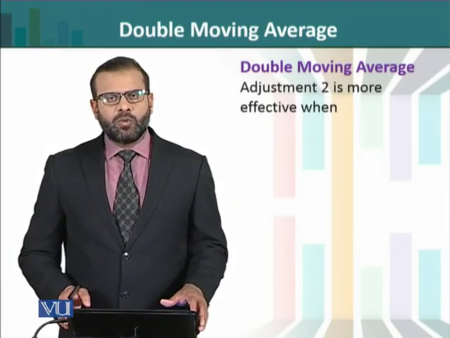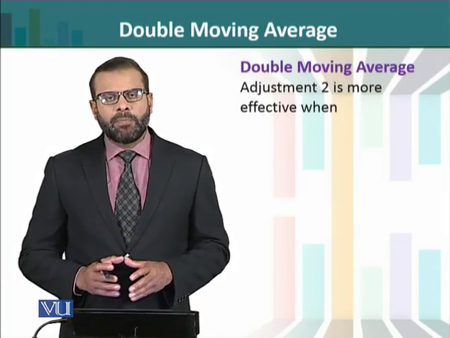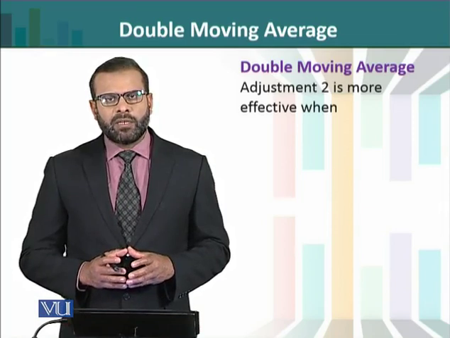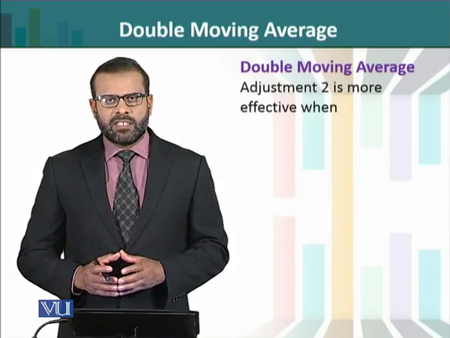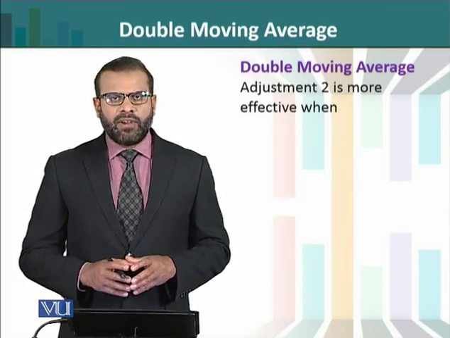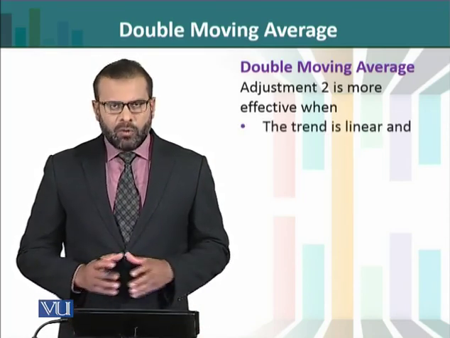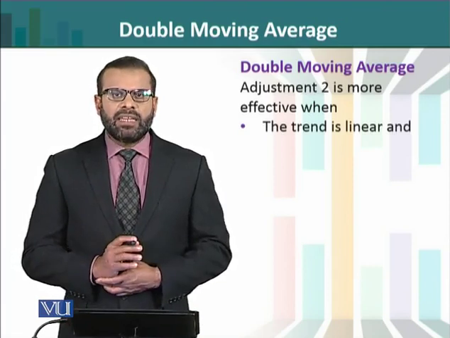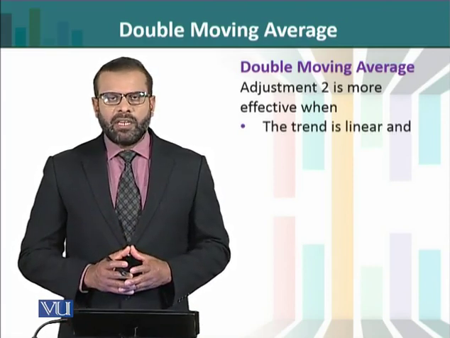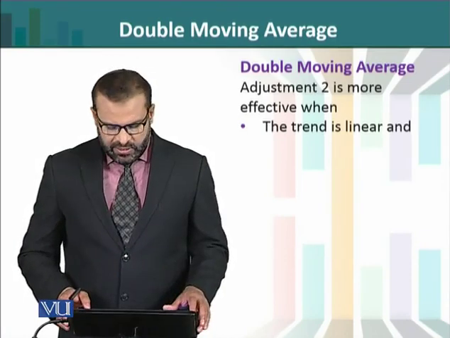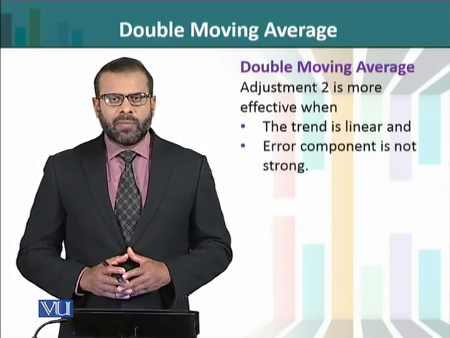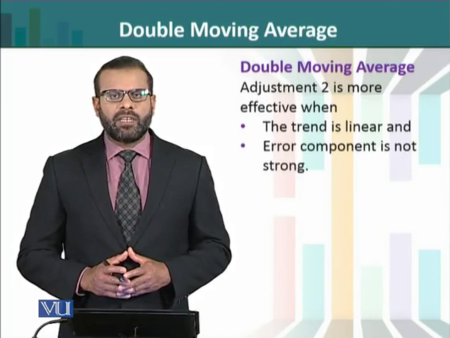This adjustment, where we are using the difference between the first step smooth values and the second step smooth values and the trend component, is only effective when the trend is linear. For a non-linear trend, this technique will not provide good results. The second thing is that the error component should not be very strong.